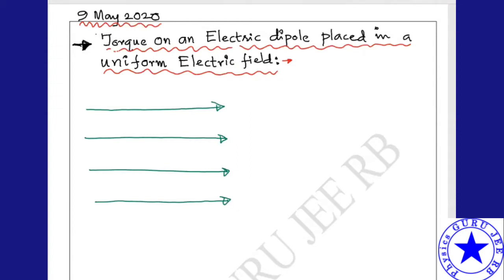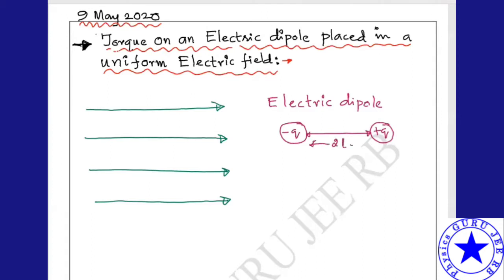Do you know now, what is an electric dipole? One should know what is an electric dipole. An electric dipole means two charges, one negative charge and the other a positive charge, both separated by a certain distance, which we can take as 2L.